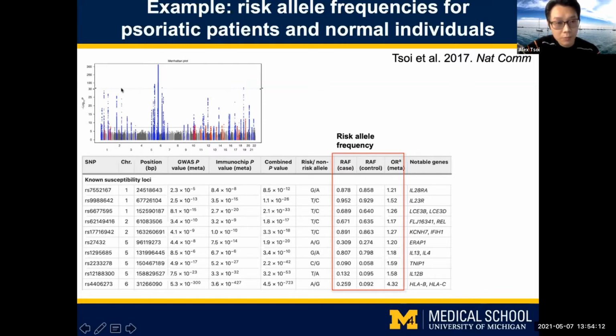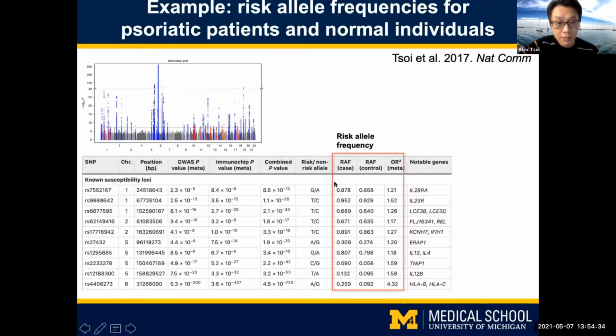You see really significant results here, but this could only be achieved with enough sample size. We are talking about 10,000 to 20,000 cases and controls together to obtain these significant results. The reason is that we are dealing with really modest effect sizes, even when identifying genetic variations associated with psoriasis.